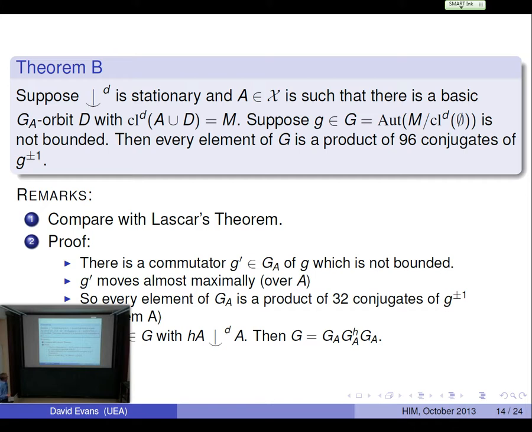Roughly those are the steps in the proof. The only thing you actually have to think about perhaps is the first one, this business of taking the commutator. So it really follows from Theorem A.